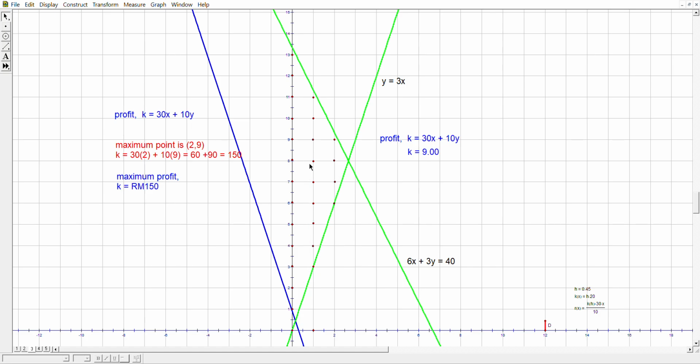Greater than 3x is referring to the region above the line. Now this green line is 6x plus 3y equals 40. If you want to be less than 40, the region below this green line is the region less than 40.